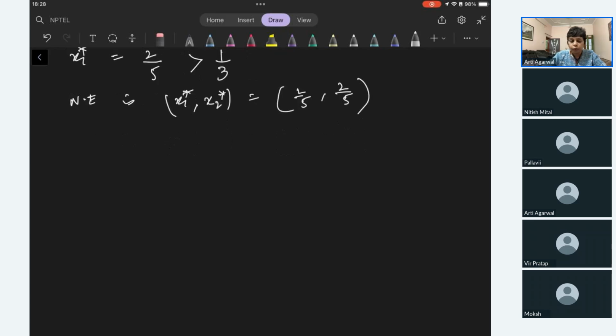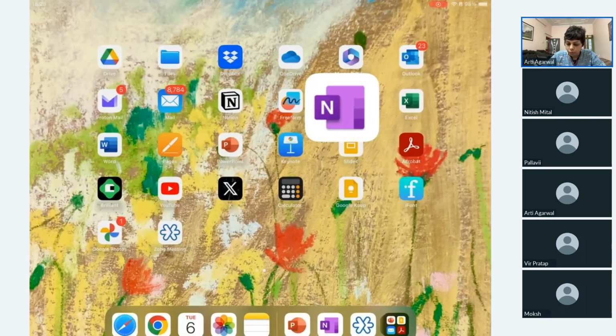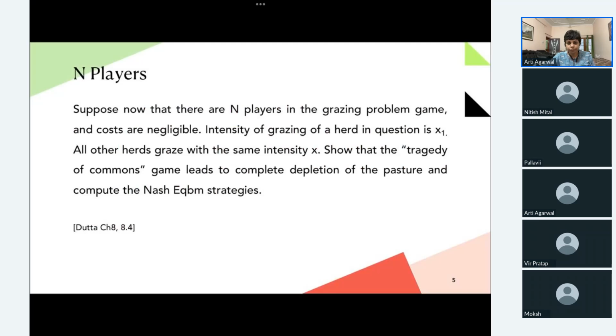Now there is another question which is a variation of this, which is the n player game. Say suppose there are n players in the same grazing problem. In this game, the tragedy of the commons, say suppose there are n players.